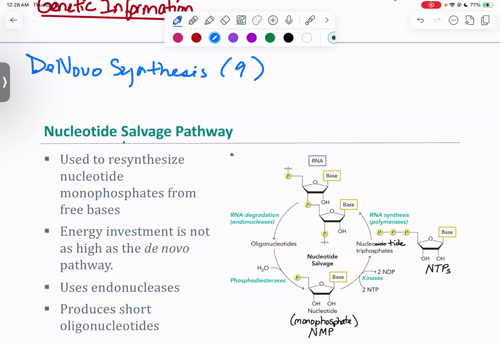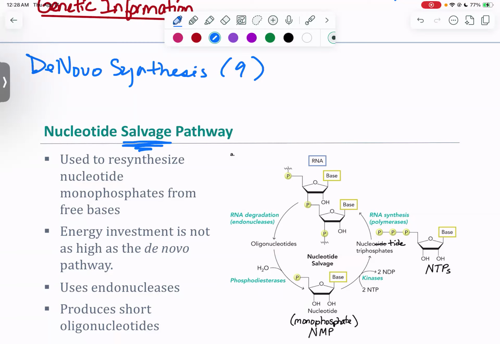And the cell is fantastic because it uses a salvage pathway, right? We say the body is such a great recycling system. So when you think about where you're getting nucleotides, yes, you're going to eat stuff that has nucleic acids. So you're going to get some in your diet, but you're really not going to use them as a source of nucleotide bases.